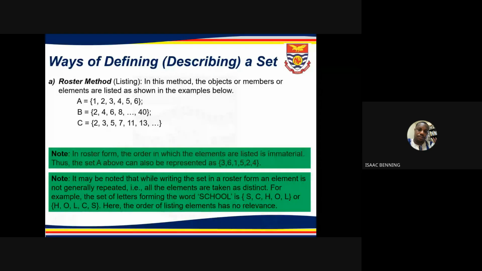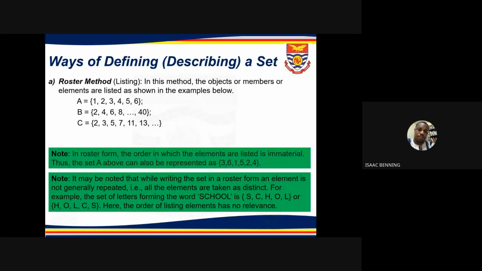Each letter you are counting once, isn't it? Yes, please. So what letters make the word school? You don't need to repeat the O.